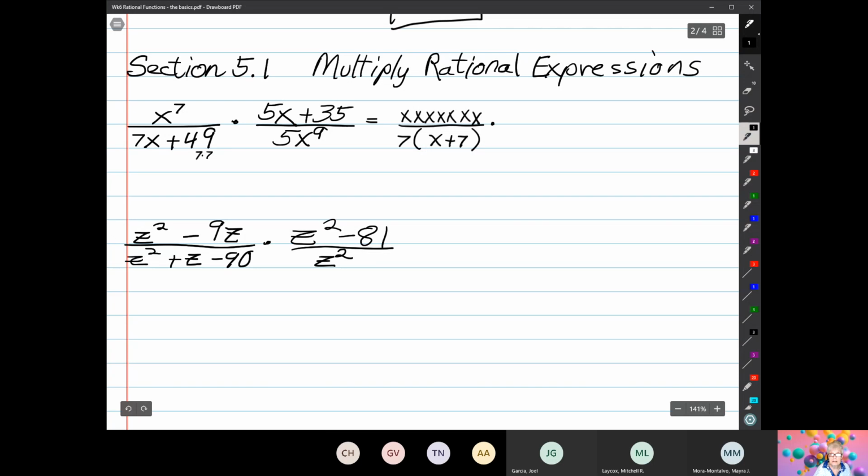Okay, times. Oh, there's a GCF. 5 goes into 5, and 35 is 5 times 7. So each of these terms contain a 5. 5 times x plus 7 over 5.